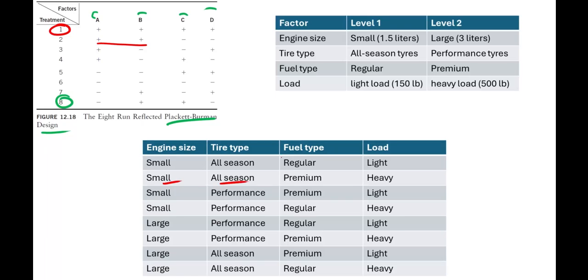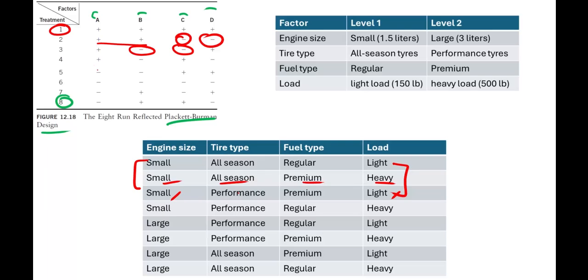C and then D change to another level, which is premium and then heavy. You can see that C and D change. If you go to run 3, then B and C change, but A and D remain the same. A and D remain the same, but B becomes from all-season to performance, and C from regular to premium.